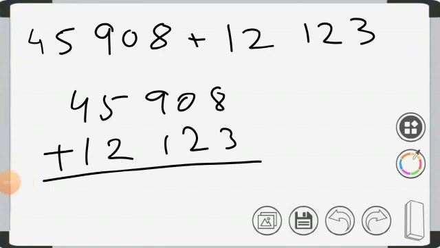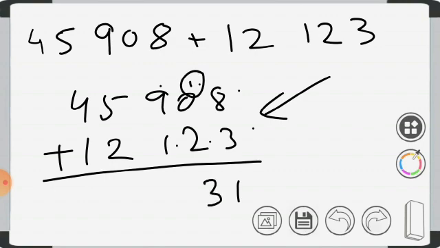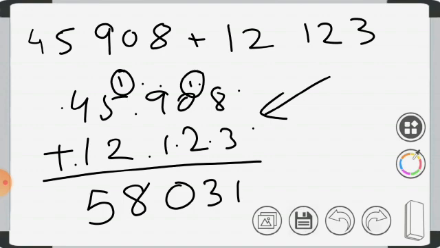To add these two numbers in part A, start adding from the left. 8 plus 3 will be 11. We will write 1 here and 1 will be regrouped. 1 plus 2 will be 3. 9 plus 1 is 10. We will write 0 here and 1 will be regrouped. The answer of these three numbers will be 8. 4 plus 1 is 5. The sum of these two numbers is 58,031.